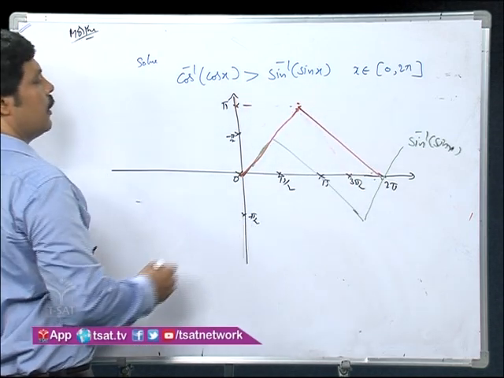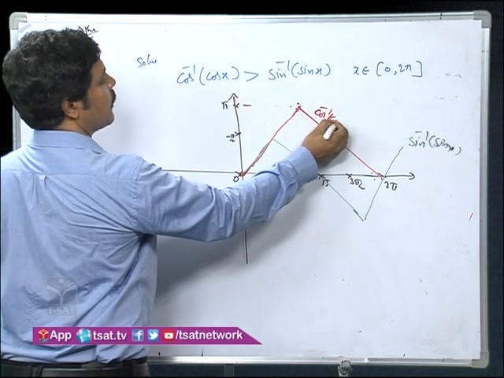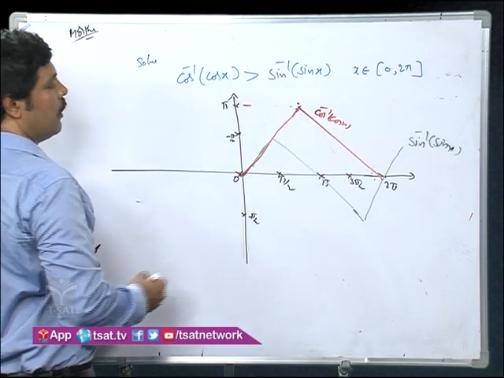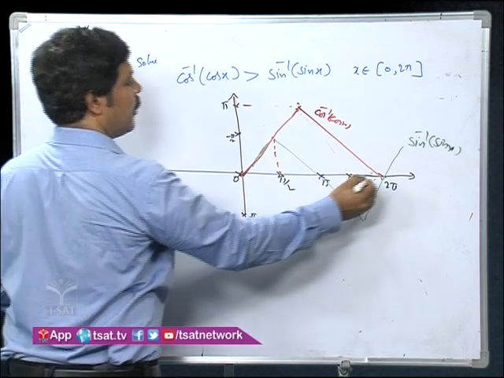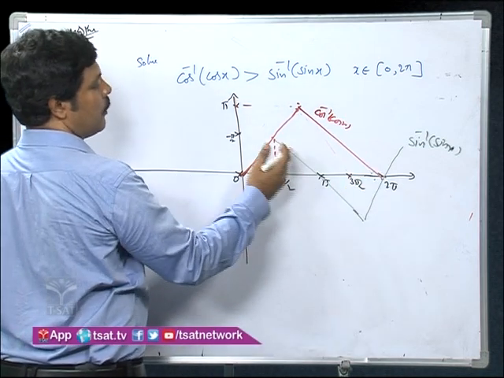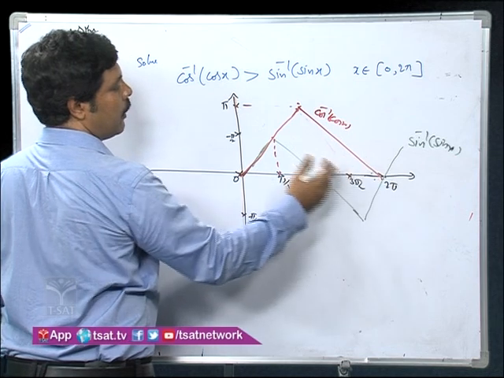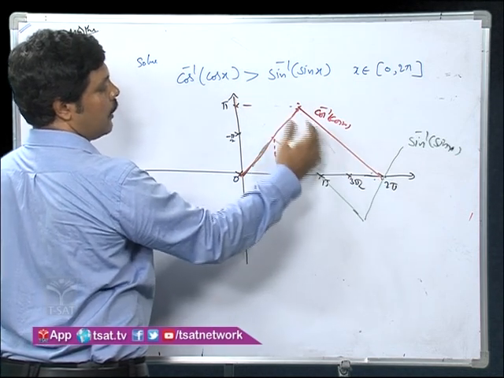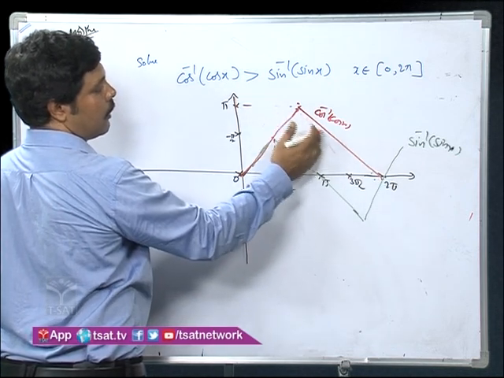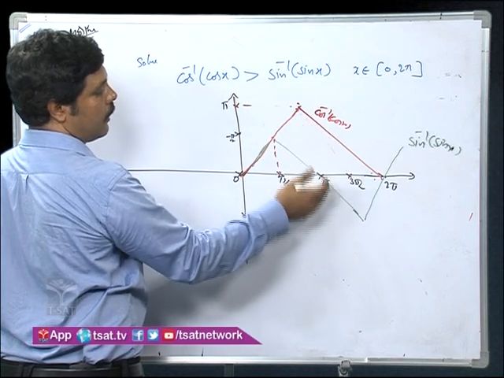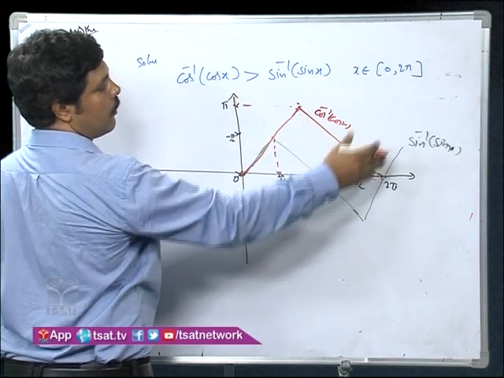This red color is cos inverse of cos x. They are intersecting at pi by 2. In the interval from pi by 2 to 2 pi, the red color line, cos inverse of cos x, is greater than the green color line, which is sin inverse of sin x.